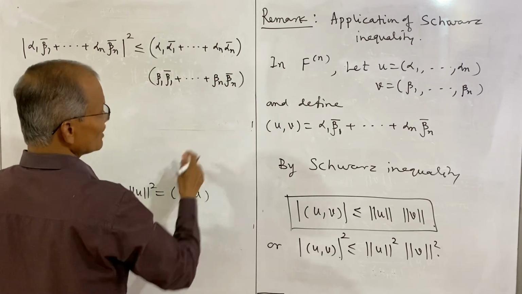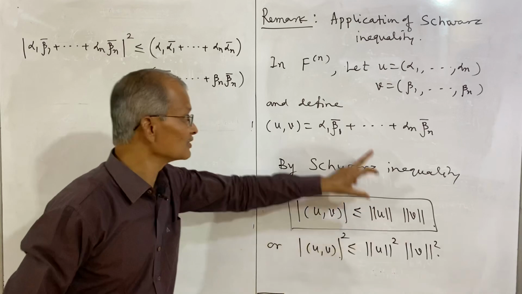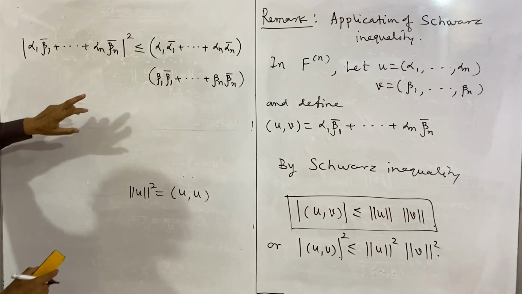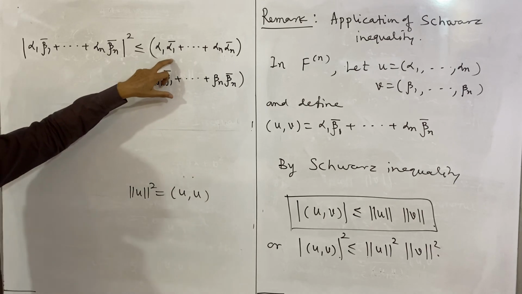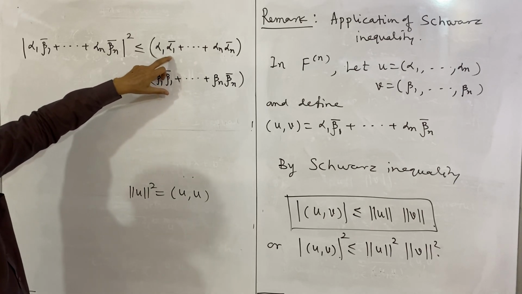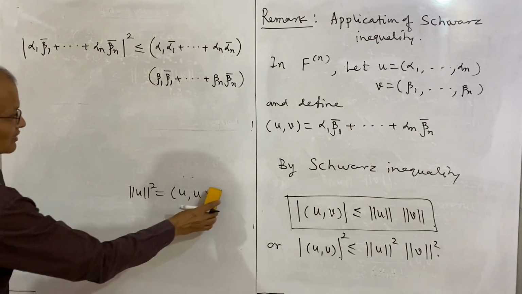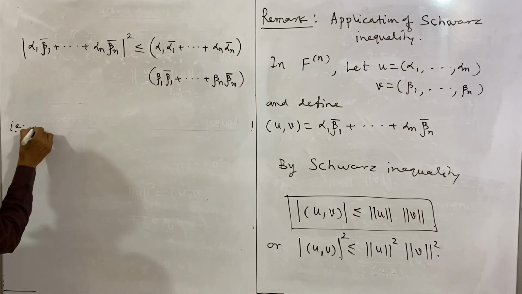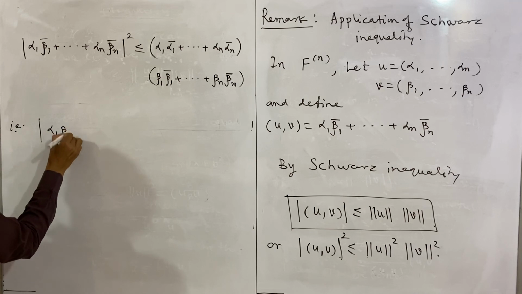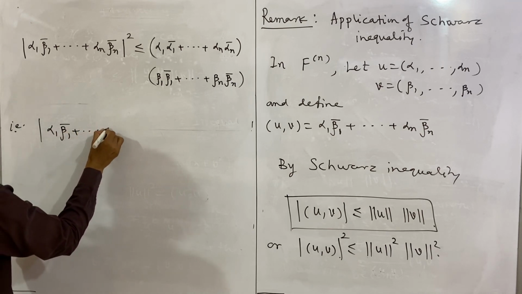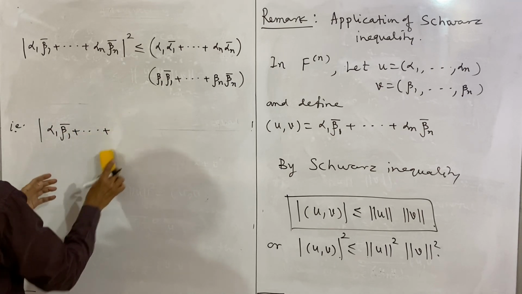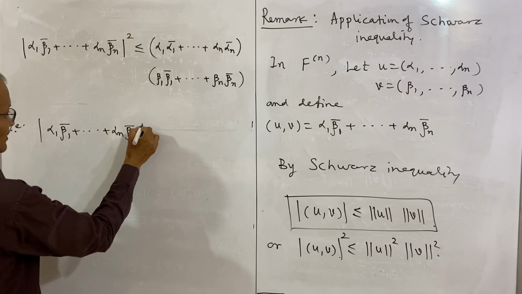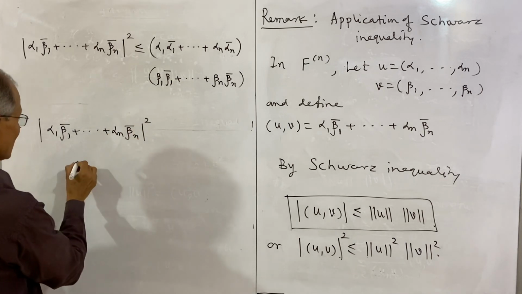So, this is the meaning of norm u square and norm v square. Now, what is alpha 1 times alpha 1 bar? This will be mod alpha 1 square. We have the left side as the same, alpha n beta n conjugate, whole square, is less than or equal to.